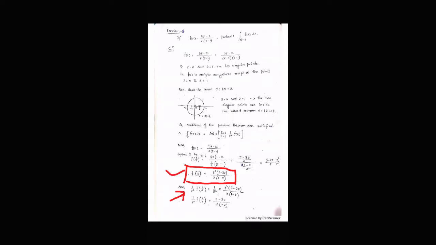After multiplying, the z square cancels out, and we get 1 by z square f of 1 by z, that is (5 minus 2z) by z into (1 minus z). So we got the function 1 by z square f of 1 by z. Now our task is to find the residue of this function at the point z equal to 0.